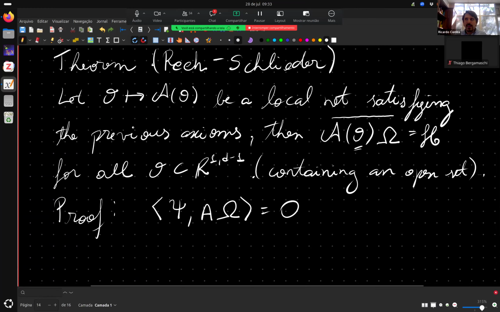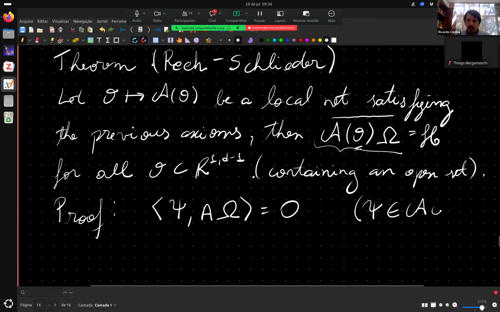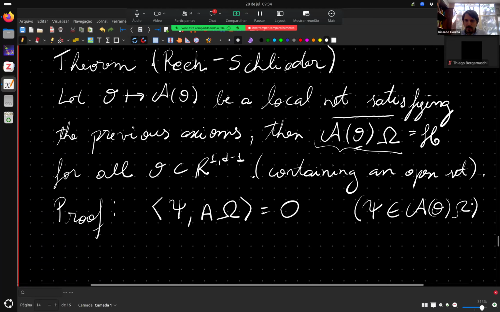So that's basically what happens if you have a vector psi which lives in the orthogonal complement of this set. So I'm supposing here that psi lives in the orthogonal complement of the algebra acting on omega.